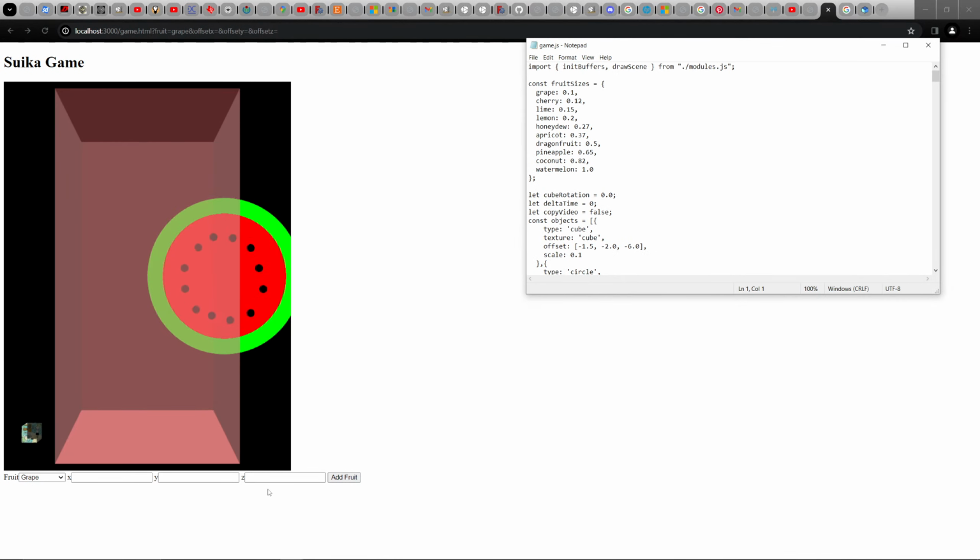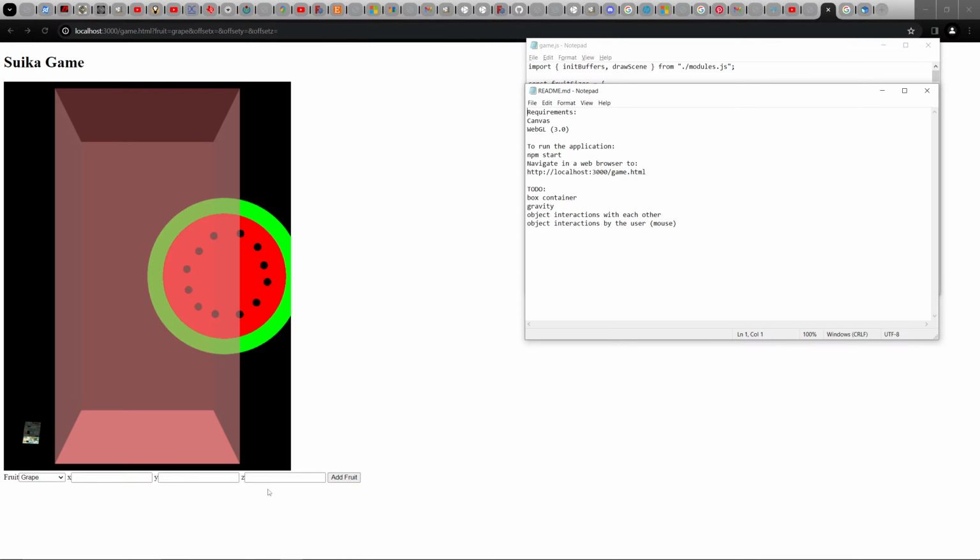So let's see. What we worked on in the previous stream was making this box container. So we're done with that. Today, I think I'm gonna work on the object interactions by the user mouse.